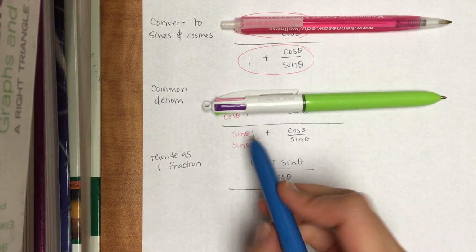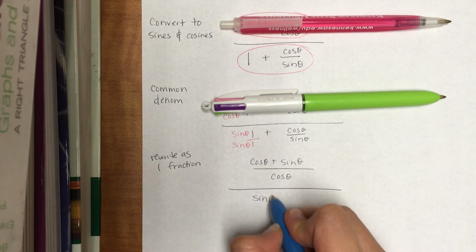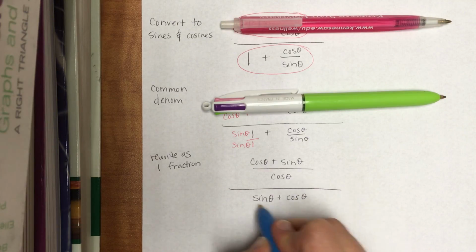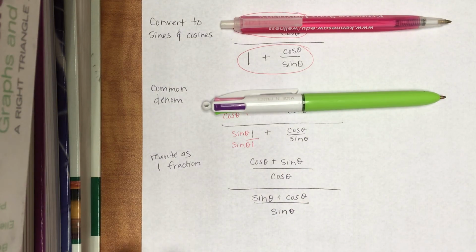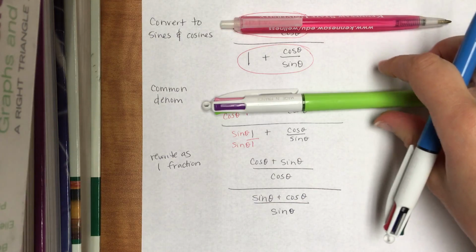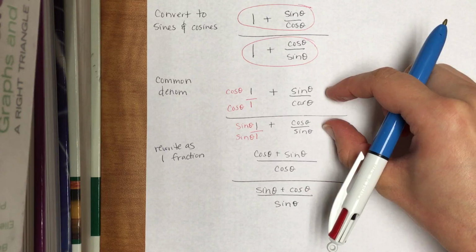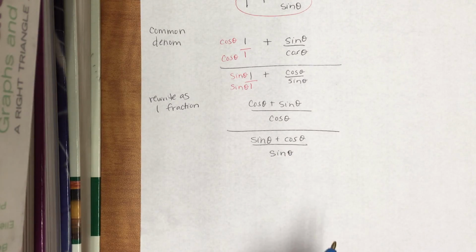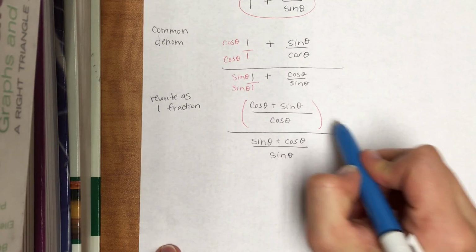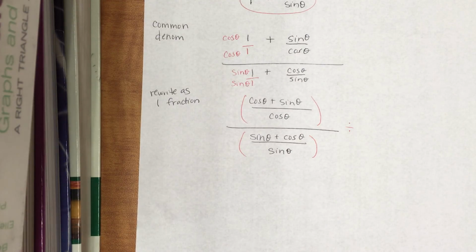So this denominator, you add across the top, sine theta plus cosine theta, and you keep the common denominator only once. Okay, so this fraction turned into this fraction, which turned into a fraction over a fraction. 1 fraction divided by 1 fraction.